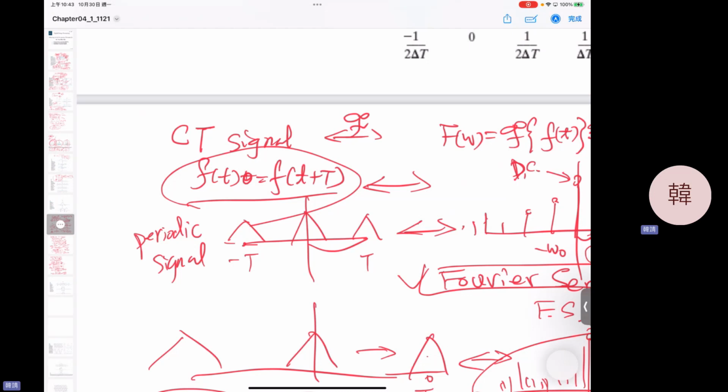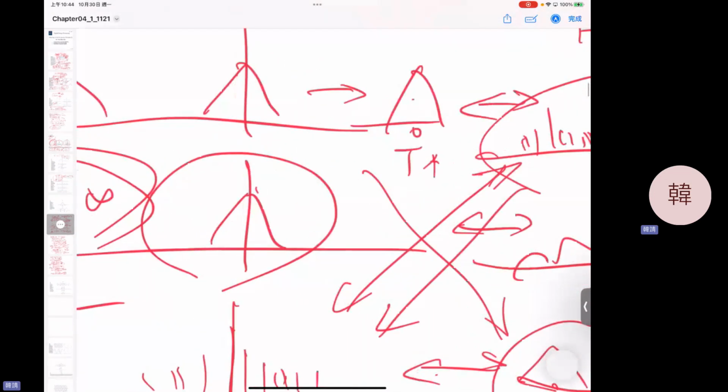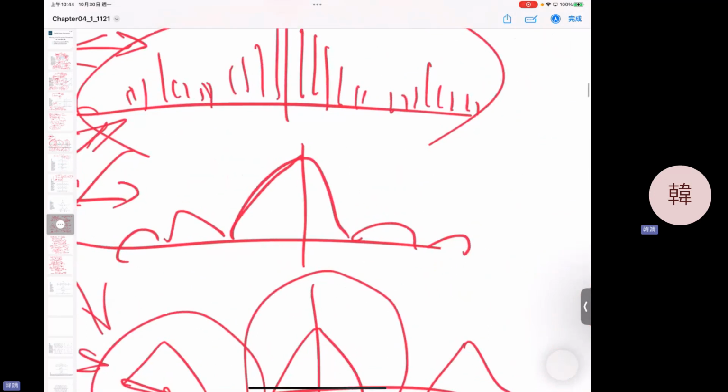And then you increase your image's repeated time to infinity, so it becomes a periodic signal. That's the real signal you have here. Otherwise it's all a non-periodic signal, so your spectrum becomes like this. From a nice spectrum it becomes a continuous spectrum.